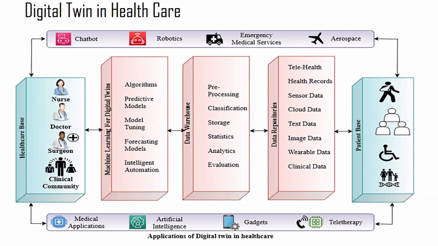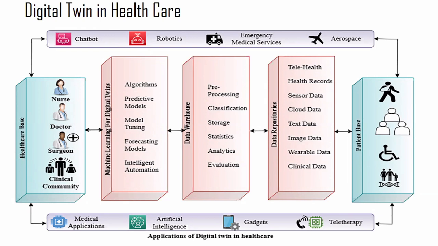Suppose you are going to monitor one patient or some kind of devices, that is what comes here. Here we are monitoring a patient, and who is monitoring that? From the healthcare base, probably the doctor, nurse or any technicians will be monitoring this patient base. So that's what I told, two different primary actors in this digital twin technology.